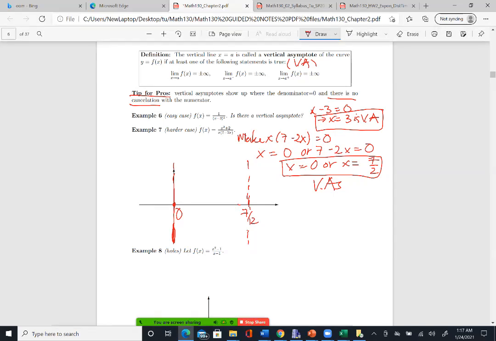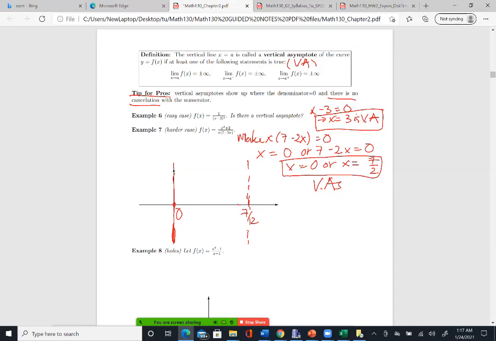So if you try to work with decimals, you will see that the graph looks like this: going along x equals 0 and going down on the left side; from the right-hand side of 0 it goes up to infinity.